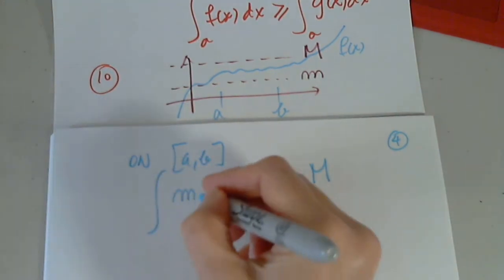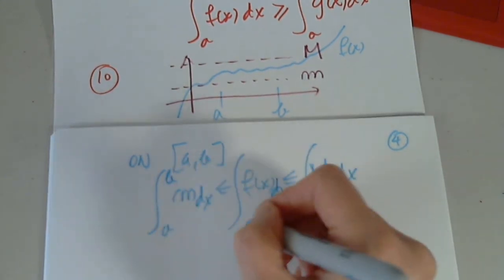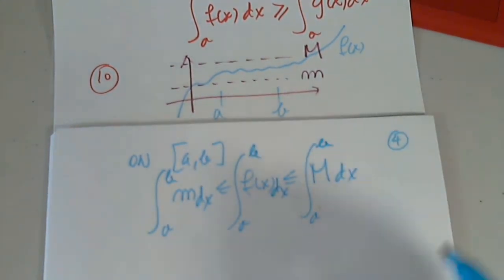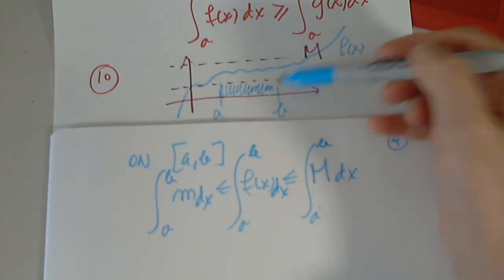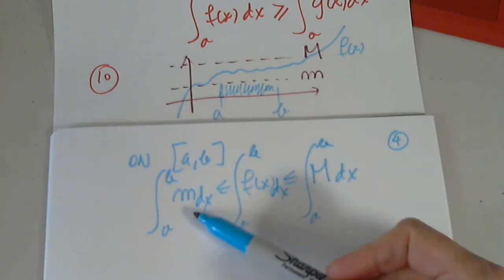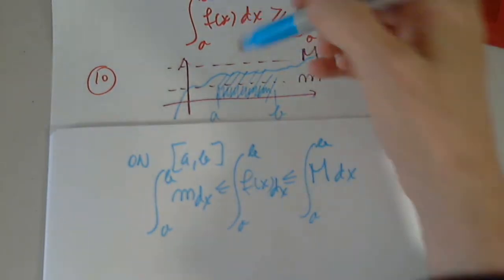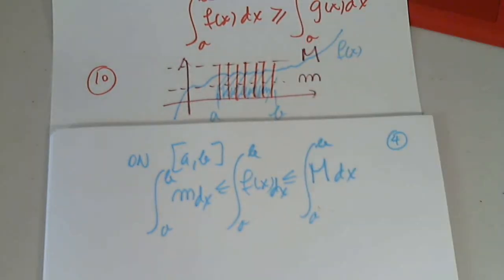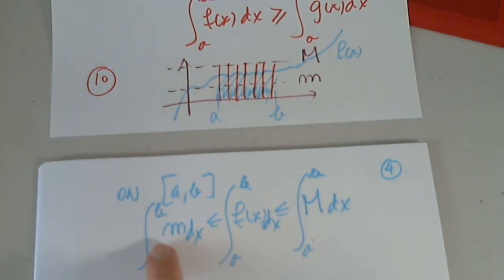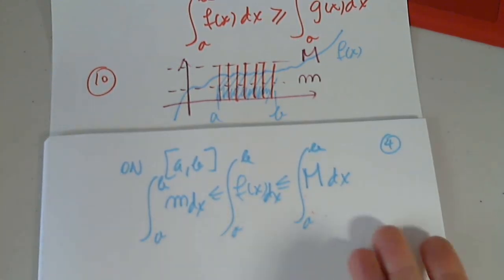So then I can say this as well, which makes sense, based on the previous property. This area is the smallest. This area is the next in line. And definitely, this one is the largest. So if I have the original relationship between the function and these two numbers, then I have to have this relationship between the given integrals.